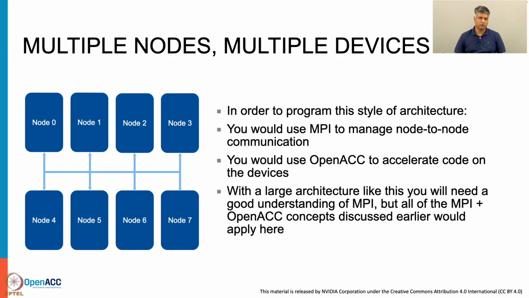So in order for your program to work in this style of architecture, you would be using MPI to manage the node-to-node communication. But you will also use OpenACC to accelerate the code on each of these devices on each of these individual nodes. With such a large architecture, you will need a good understanding of both MPI and OpenACC. All of the concepts that we have discussed with OpenMPI and with OpenACC would apply here.